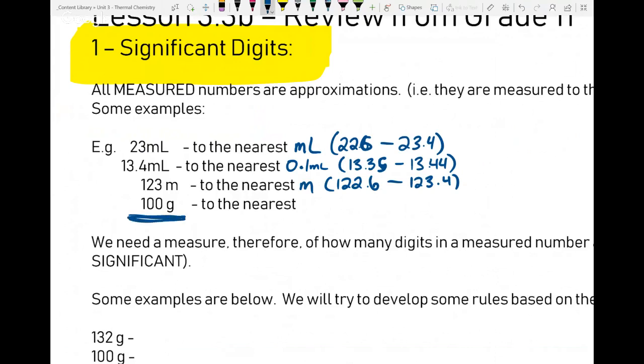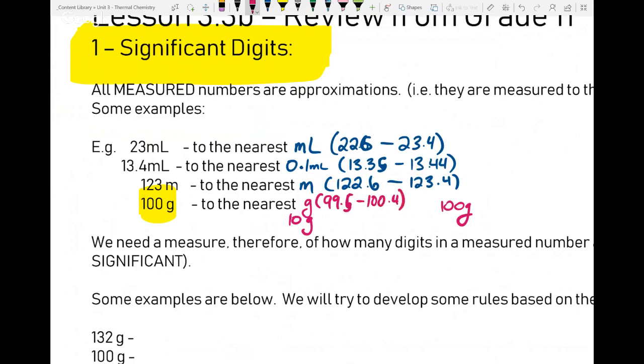Now, what do we do with 100 grams? And this is where significant digits comes in. We have no idea what this is. It could be to the nearest gram. It could be to the nearest 10 grams. Or it could be to the nearest 100 grams. We just don't know. The number is ambiguous. If it's to the nearest gram, then this would be somewhere between 99.5 and 100.4.